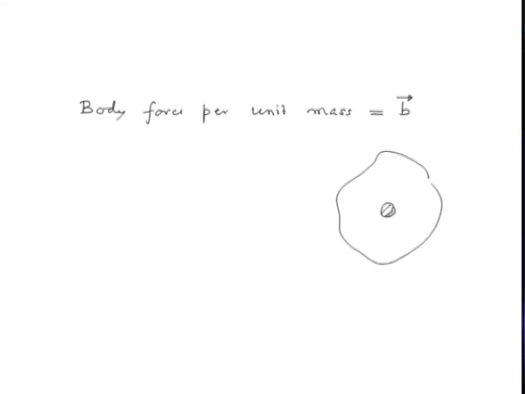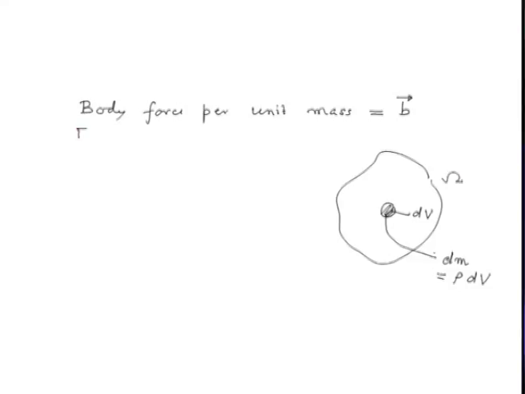Now, let us find out the body force acting on a fluid medium. Suppose this body force per unit mass is represented by the symbol small b. This is a vector quantity. Now, let us take a very small fluid element of volume dV. The mass of this differential element, dm, would be the density rho times the differential volume dV.